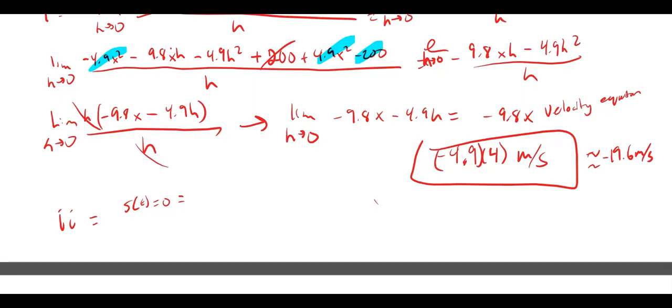So we have zero equals negative 4.9 t squared plus 200. I'm going to add 4.9 t squared to the other side, so you get 4.9 t squared equals 200. And then divide by 4.9 on both sides.